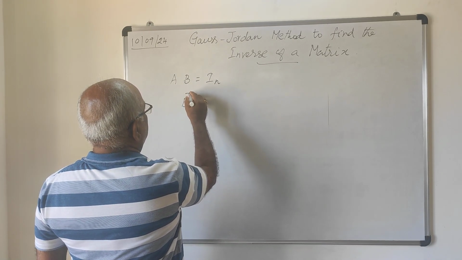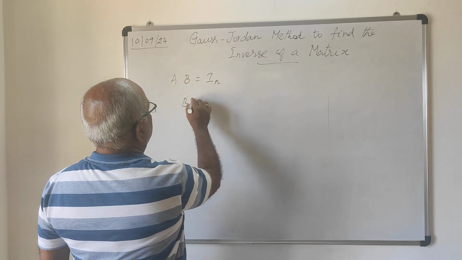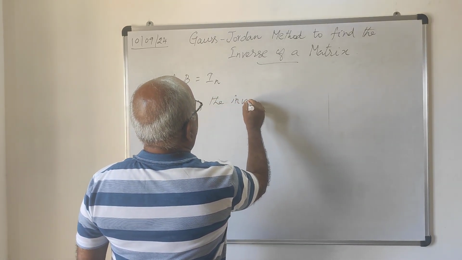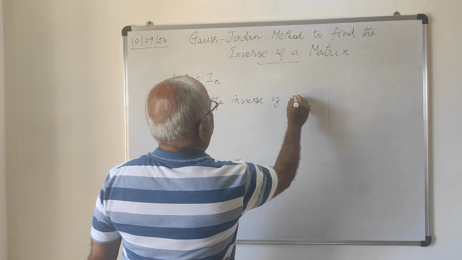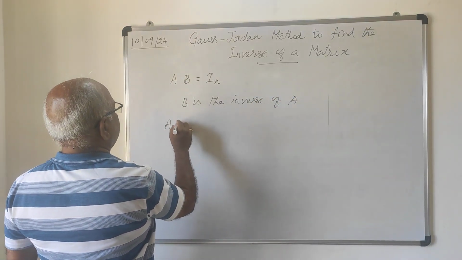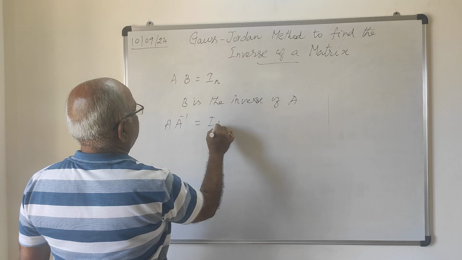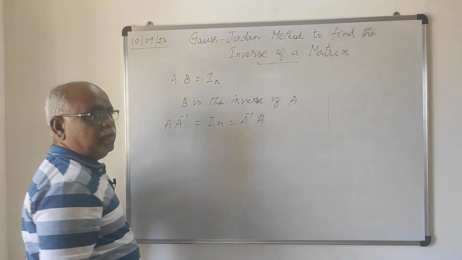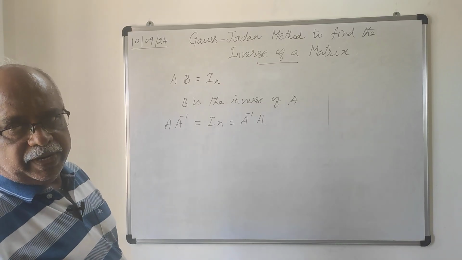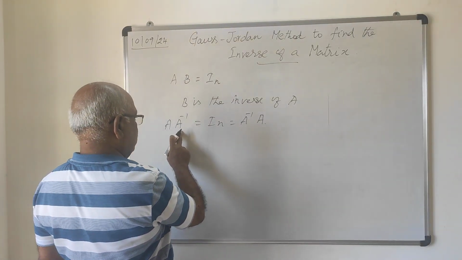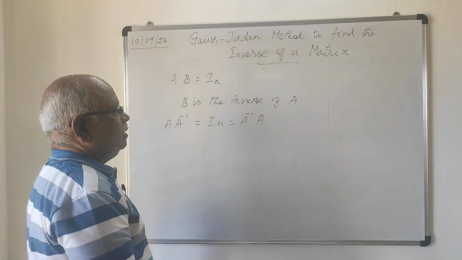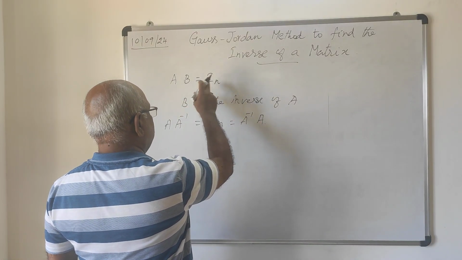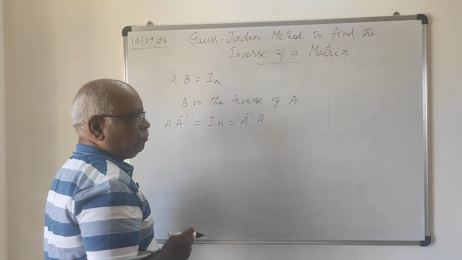Then we say that B is equal to the inverse of A, B is the inverse of the matrix A. That is, A into A inverse equals I n equals A inverse into A. This is our property of the inverse of a matrix. If you multiply a matrix by its inverse, it gives you the identity matrix. Suppose A into B is identity, it means that B is the inverse of the matrix A.